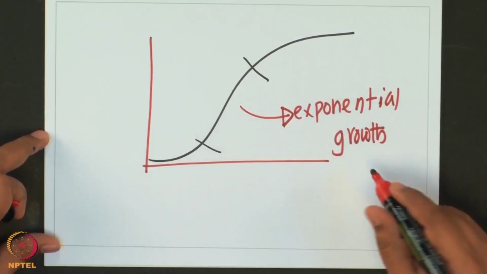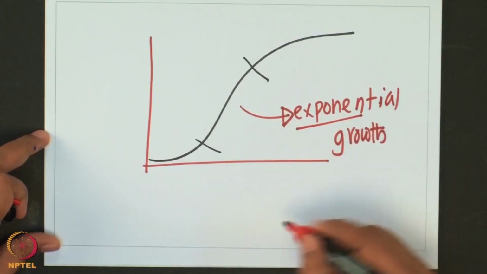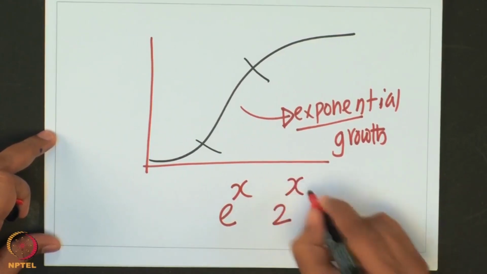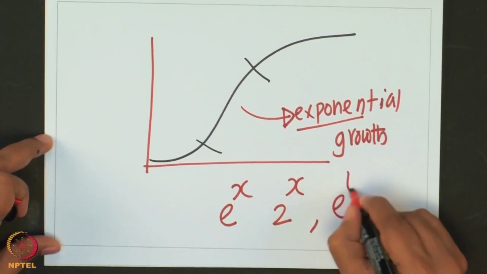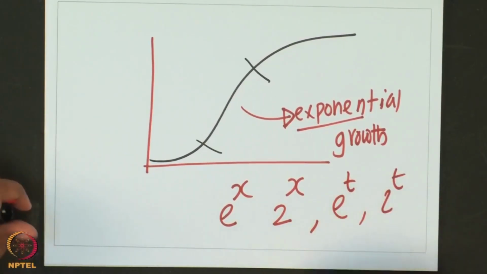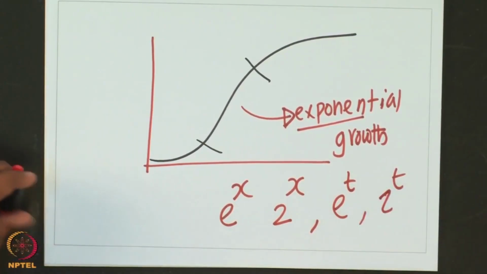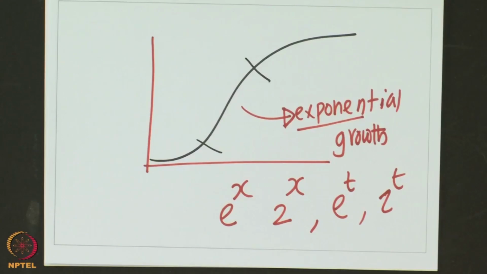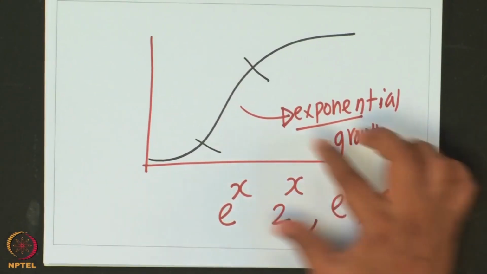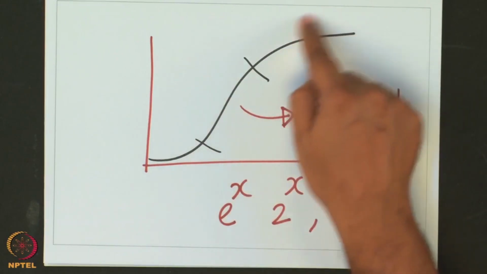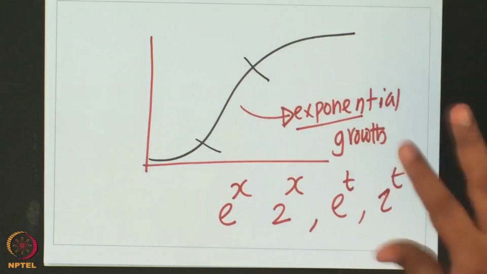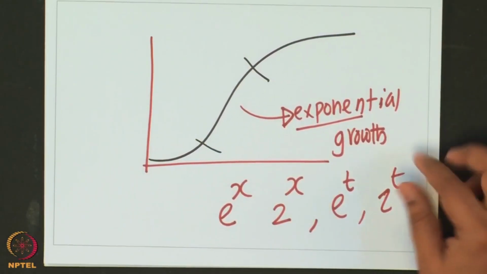The word exponential means there is a function, something exponentiated, either e power x or 2 power x, or e power t, 2 power t, a function of time. So you have some function in the exponent, and this is why it is exponential growth. The curve has many parts, such as the saturation and the initial part. We would not worry about those. We would worry about this fast growing exponential part, and we will think about it today.